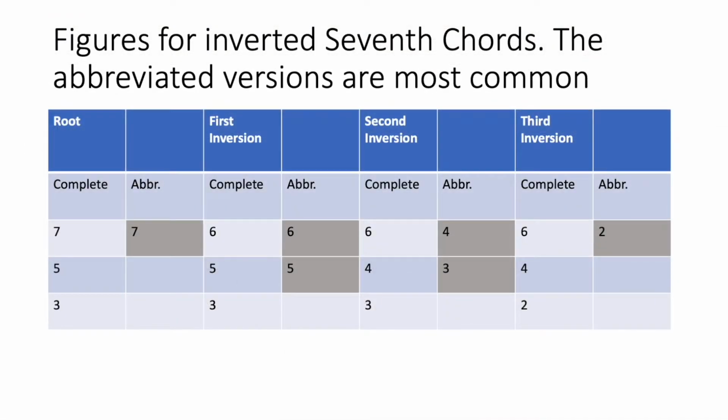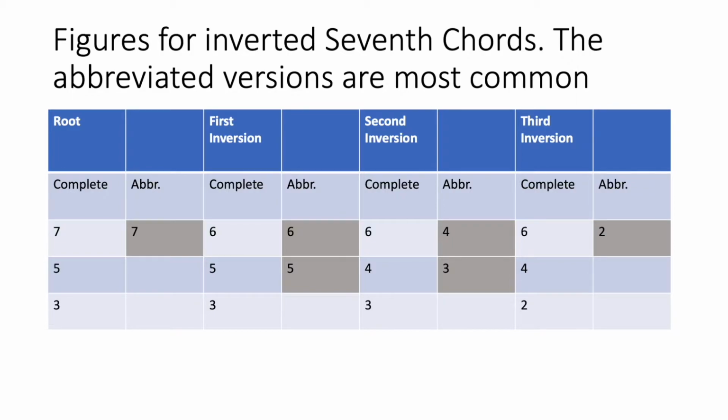The figures for seventh chords include, as we have seen, the root position figure, which is a 7, and that stands for 7, 5, 3 above the root. The first inversion for a seventh chord is 6, 5, and that stands for 6, 5, 3. The figure for the second inversion of a seventh chord is 4, 3, and that stands for 6, 4, 3.